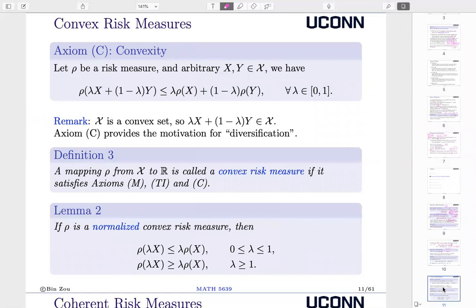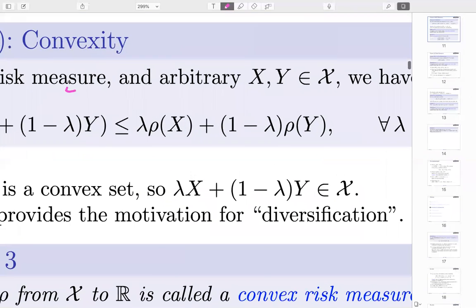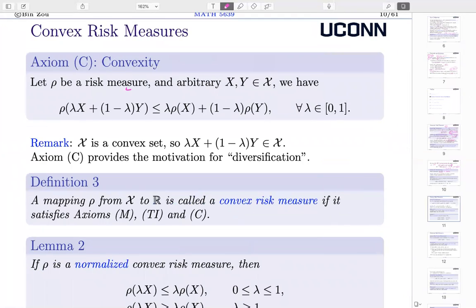Now let's move a little further. We add one more axiom, that is convexity. First, let's define what the convexity axiom is. Let rho be a risk measure, and let x and y be two arbitrary risks. We have this.